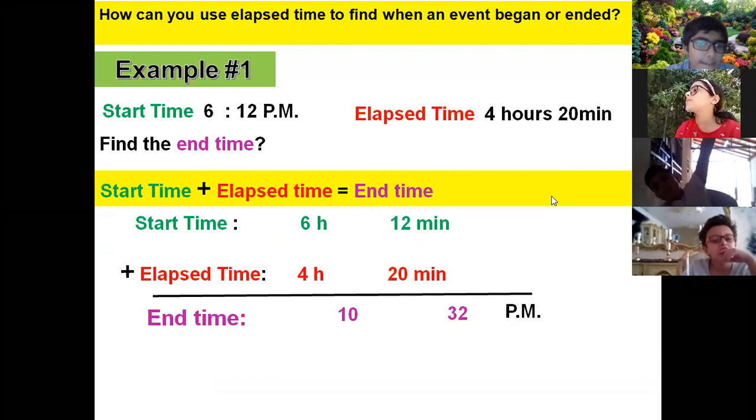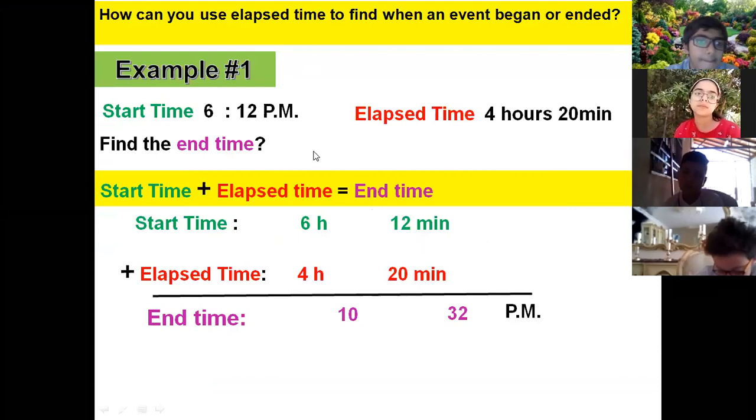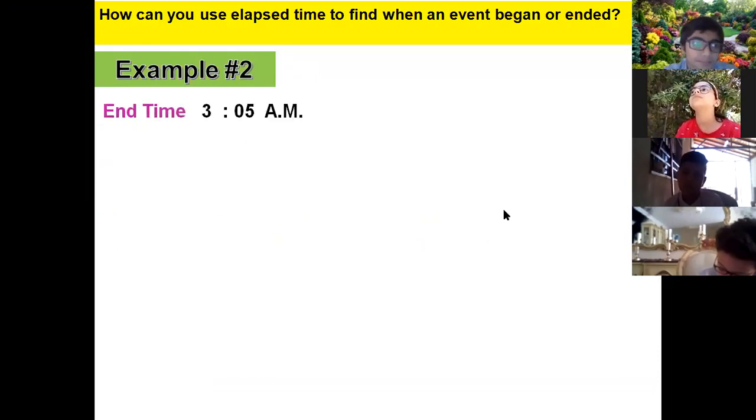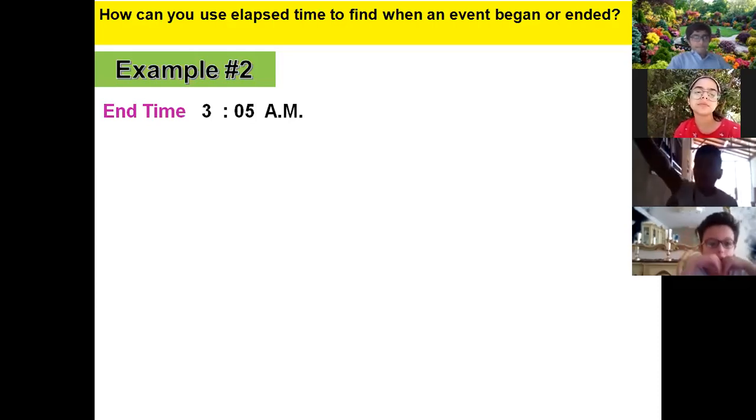So again, when you need to find the elapsed time, you subtract ending minus start. But if you want to find the ending time, for example, you add the starting time plus the elapsed. Now look, here they give you the ending time. You finished doing something at 3:05 a.m., at night, in the middle of the night, while everyone's sleeping.